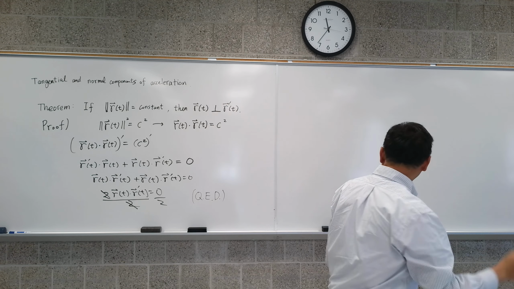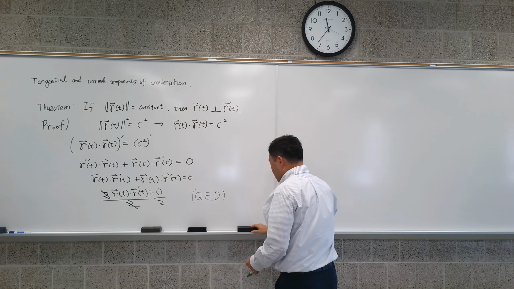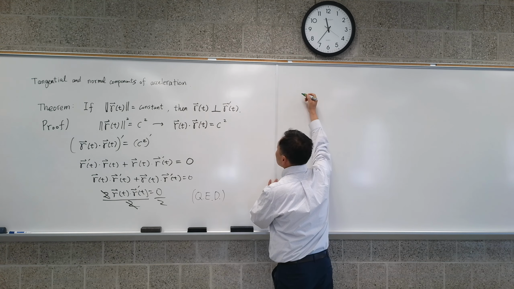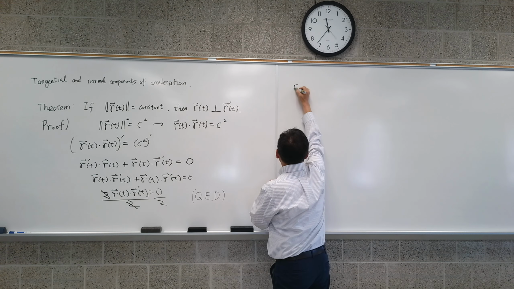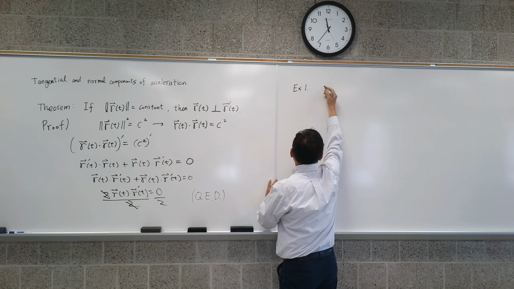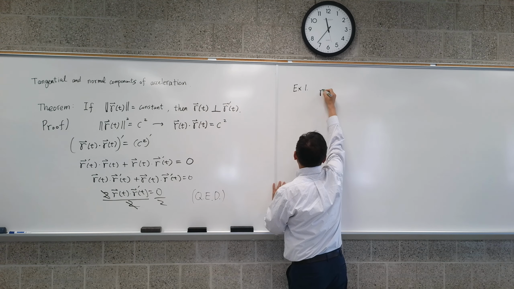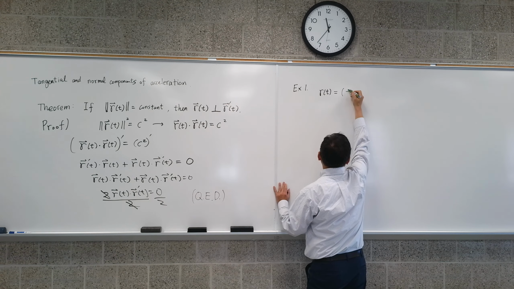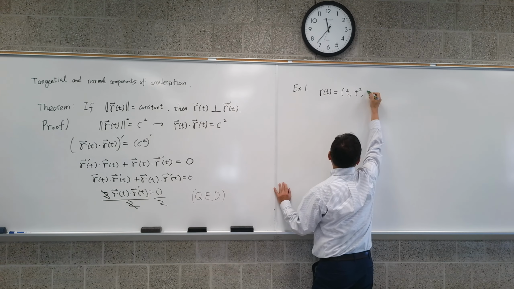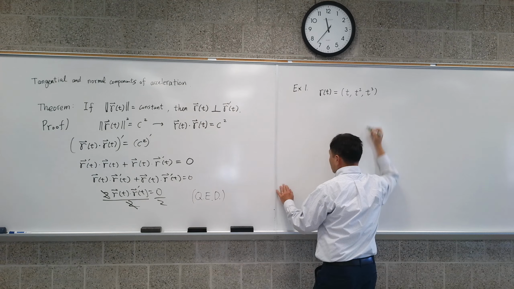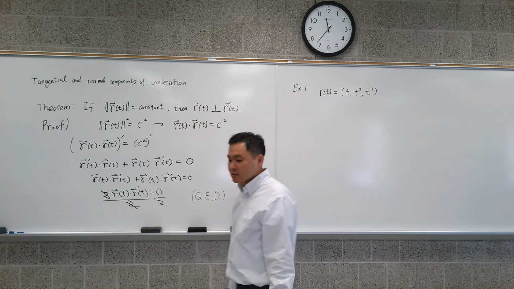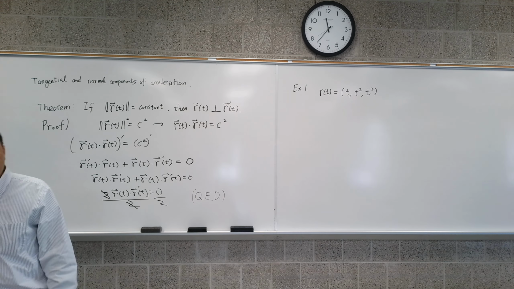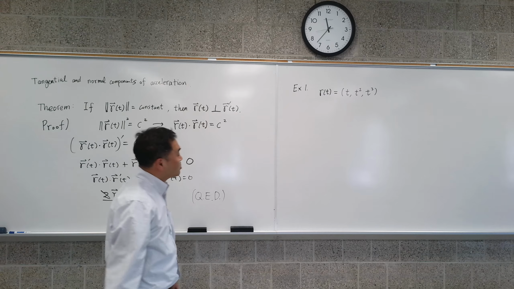But let's go back to an example that we tried to do last time. r(t) equals, say, (t, t squared, t cubed), and we just took that.